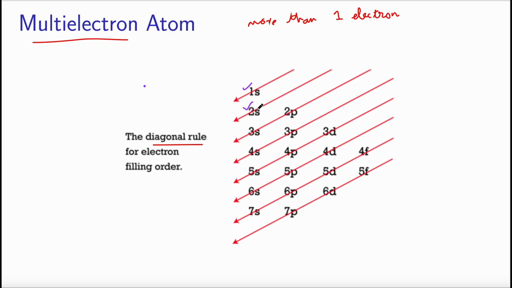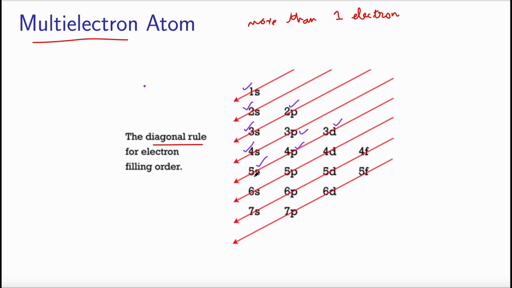After that, the next electrons will fill the 2p orbitals. Then it will go to the 3s orbitals. Then the electrons will fill the 3p orbitals, and then we will have 4s orbitals. Next, the 3d orbitals will be filled up, and after that the 4p orbitals, and then 5s.